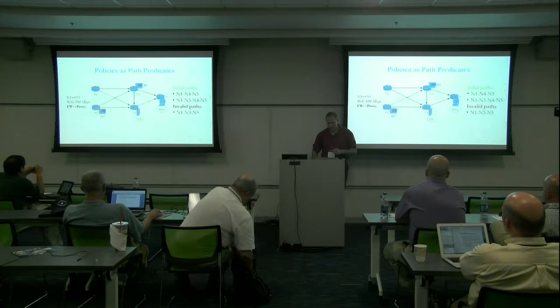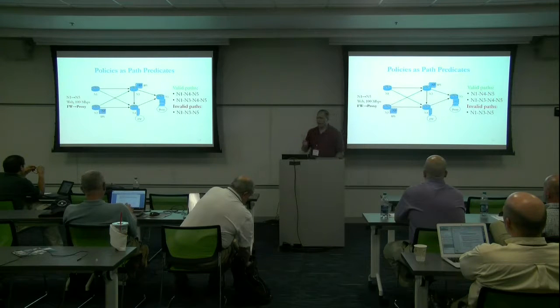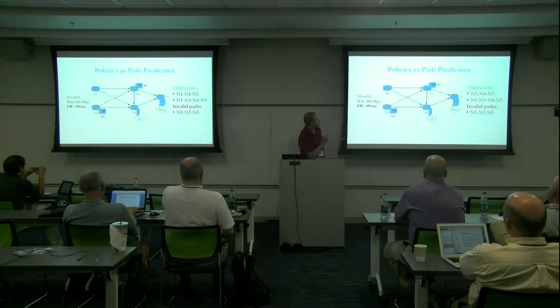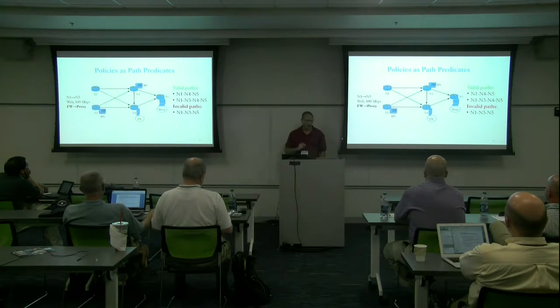But what's nice about this path-based abstraction is it allows you to write policies about your traffic classes in a natural way, which is: would you be happy if that class of traffic took that path in your network? For example, you might look at a class of traffic that's entering at node N1 and leaving at node N5, and you may have a requirement that that type of traffic needs to go through a firewall and then a proxy.